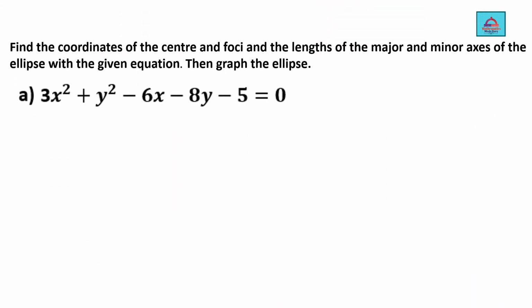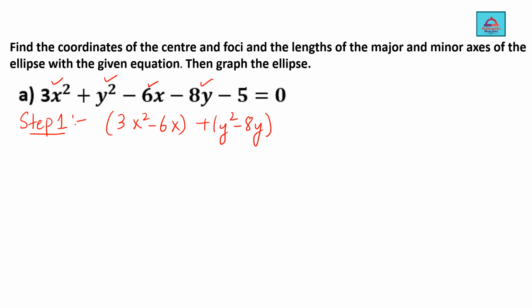Okay, so let's do step 1, which is to complete the squares and to write the equation of the ellipse in the standard form. So for that, I take the x square terms together, 3x square minus 6x, and I take the y terms together, which is y square minus 8y, put them in bracket.